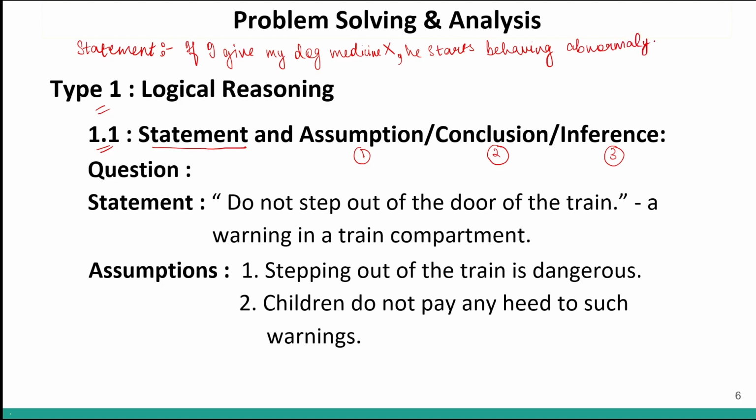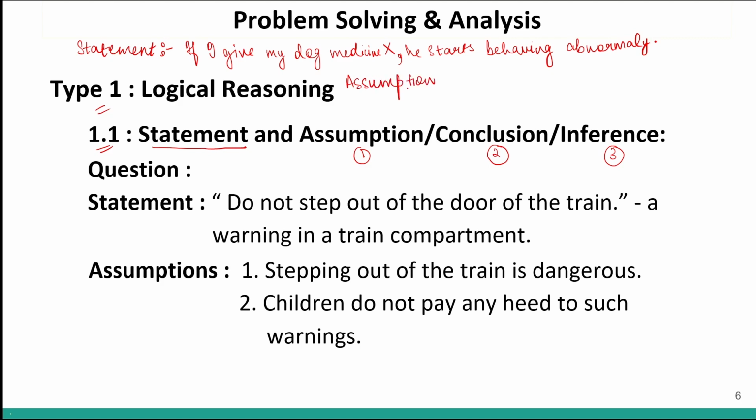So this is a statement I'm giving to you, that if I give my dog medicine X, he starts behaving abnormally. This is a statement. Now, if I look at this statement, I have to find what is the assumption, what is a conclusion, and what is a inference. From this statement, I can gather a assumption.